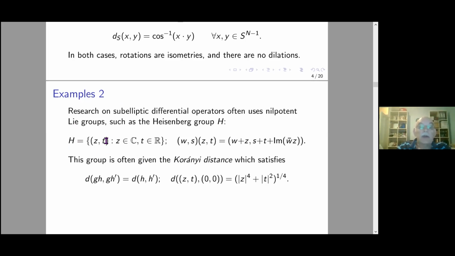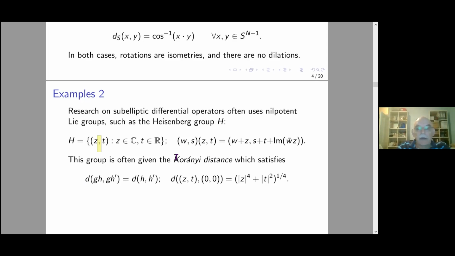As a topological space, it's just the complex numbers, z for the complex number, and t is a real number. So it's just a three-dimensional space, but it's got a rather funny multiplication. If I multiply things, I just add, but then in one of the coordinates, I add a little factor that depends on the other coordinates. That makes it into a non-commutative Lie group.